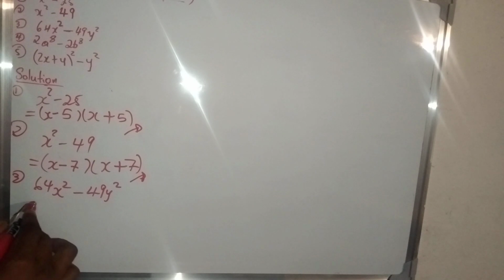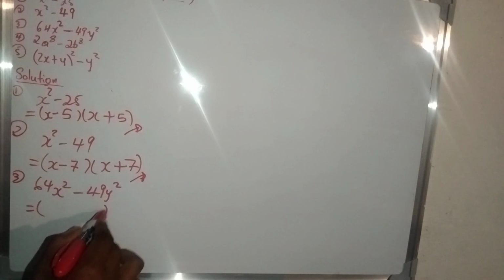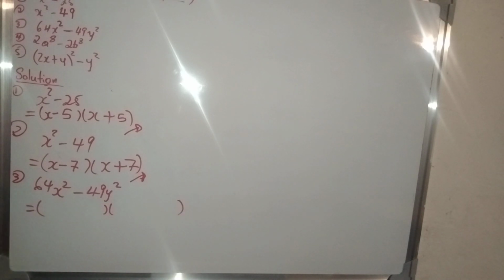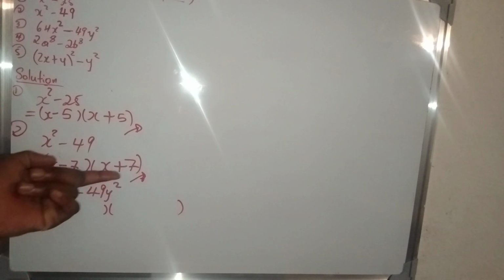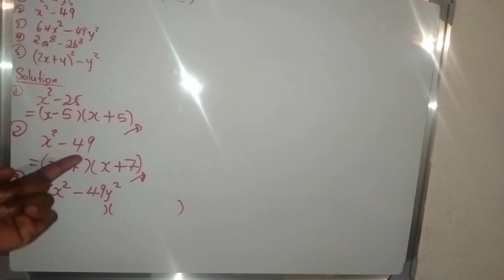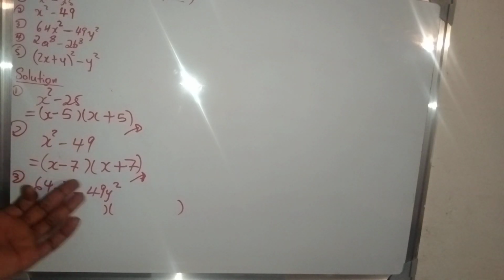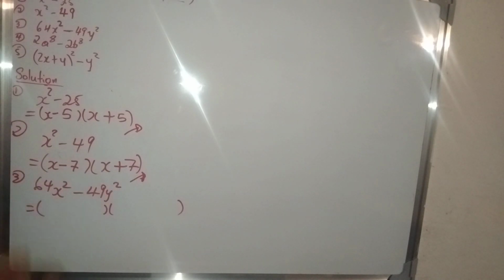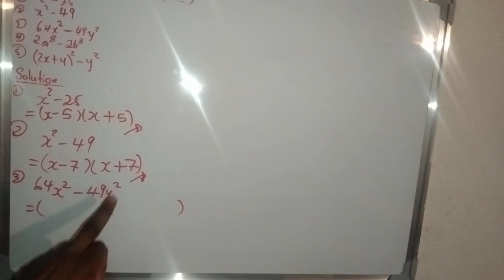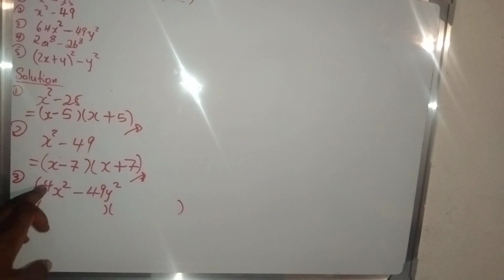Okay, so what will be the factors of 64 and 49? Remember, we've just calculated 49 by taking 7 and 7. So same here, for us to get this 49 we're going to use 7 and 7, but for 64 we're going to use 8 times 8, which is 64.